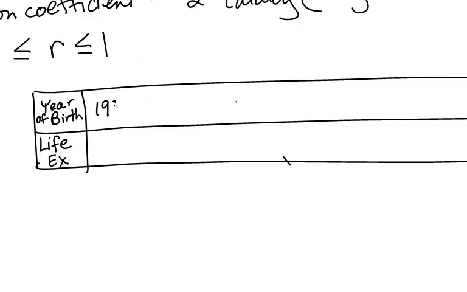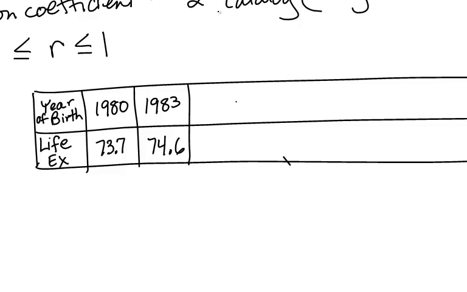We're looking at 1980, and their life expectancy would be 73.7. 1983, I have 74.6. 1990, I have 75.4. 1995, I have 75.8.